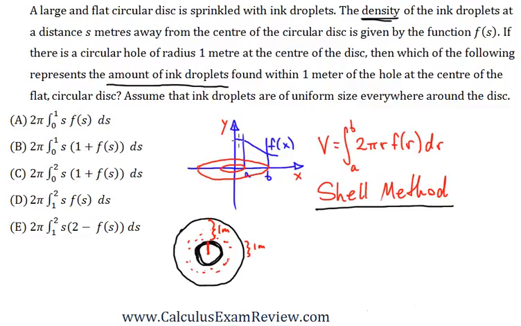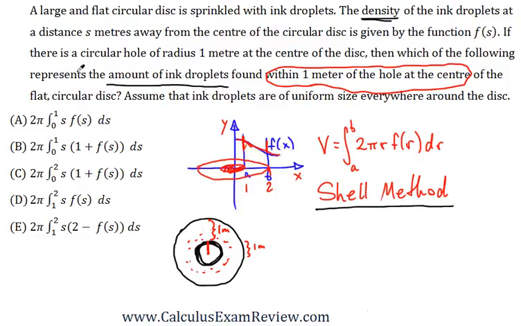So if we have f of x here, this function, and we go from a to b, in this case we're starting at 1, because there's a hole here in the middle, and we're going over to 2 because we're only interested in finding how many ink droplets are within 1 meter of the hole at the center. Okay, so it goes from 1 to 2, and then we take this area here.